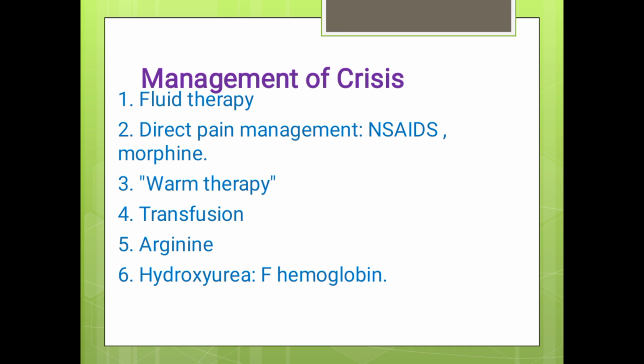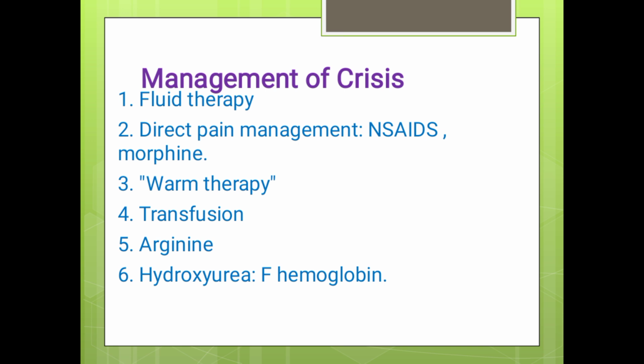Management: we have fluid therapy, very important. You give the patient fluid so that it can help to reduce the hematocrit level or the viscosity of the blood, so that it can flow easily. For direct pain management, you use NSAIDs. NSAIDs can be used, but use them with caution, because sometimes the crisis alone, or sickle cell, has an effect on some important organs.